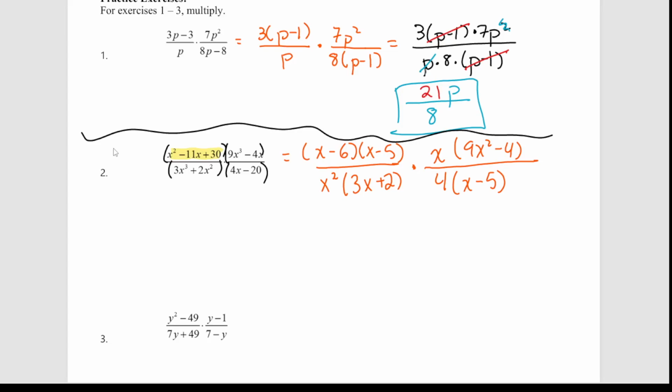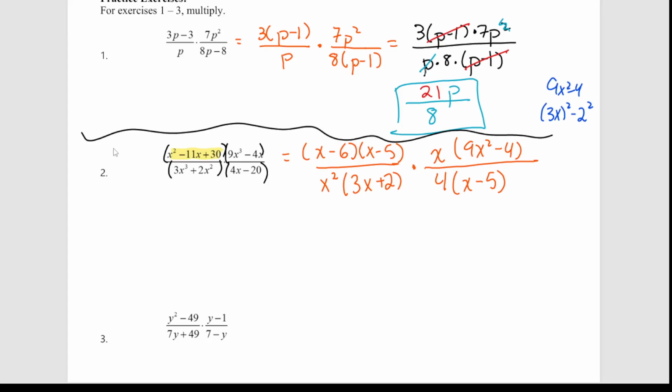Now I hopefully also recognize that there's actually just a little bit more factoring that can happen. Because in particular, with 9x squared minus 4, that's the same thing as 3x all squared minus 2 squared. So I should hopefully recognize that that's a difference of squares.